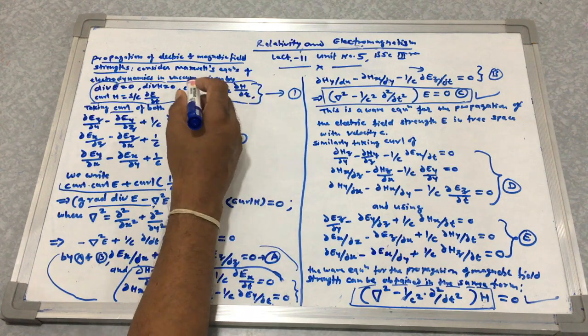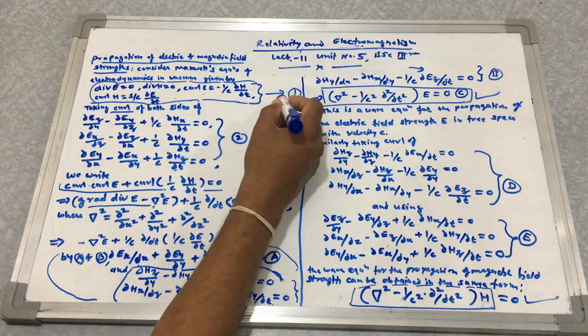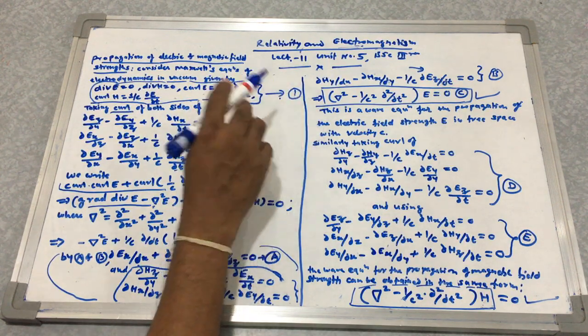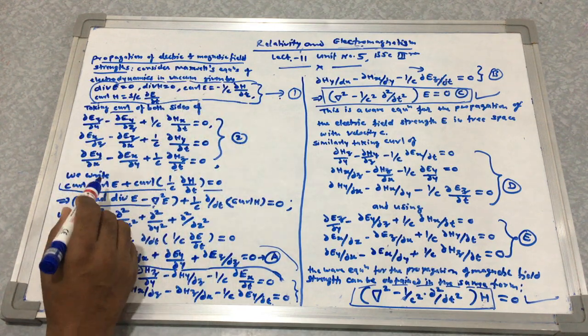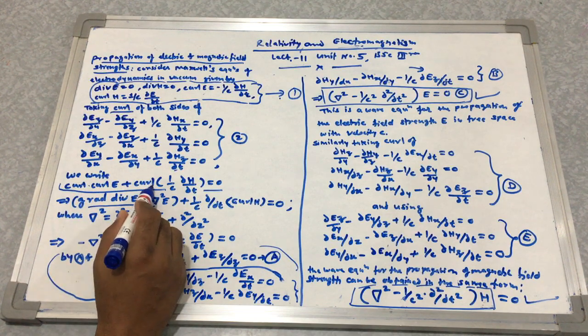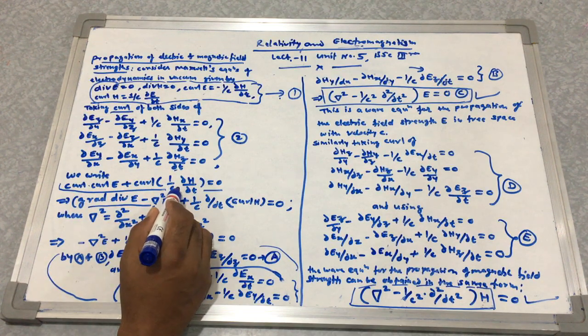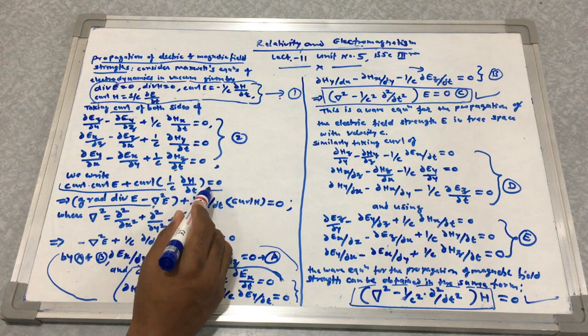So we have the Maxwell electromagnetic equation, this is 1. So we have to take the curl on both sides of this equation. Then we write curl of curl E plus curl of 1 upon c del H upon del t is equal to 0.